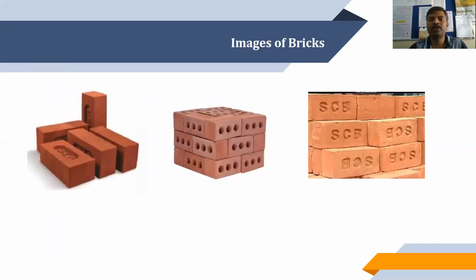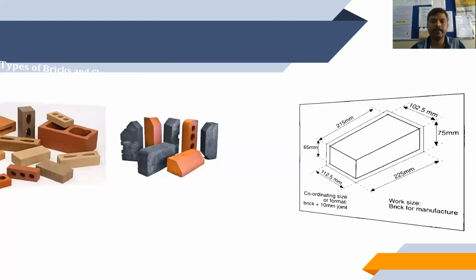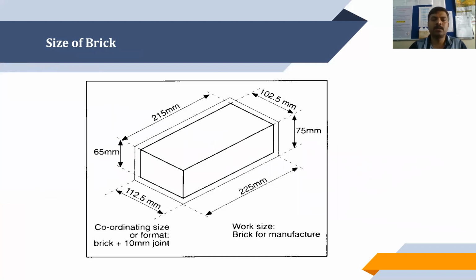These are some images of different kinds of brick. The first one is the conventional type of brick. The second one is the modular type of brick, and so on. These are some other different types of bricks and closures which are used for specific purposes only. This is the size of a brick.